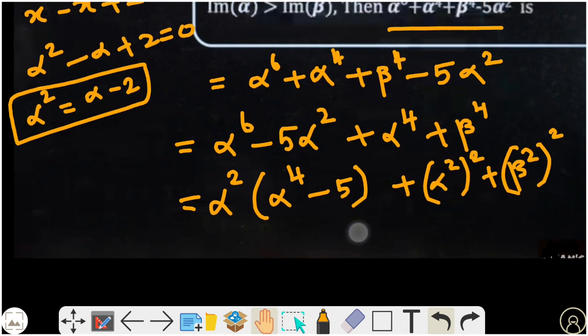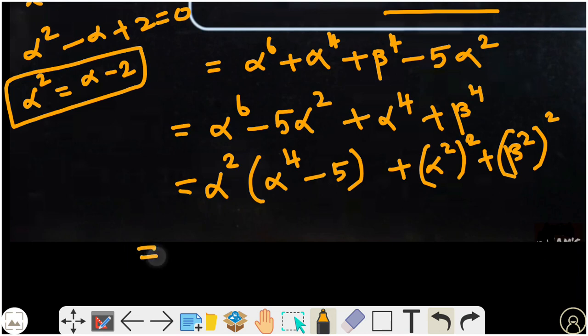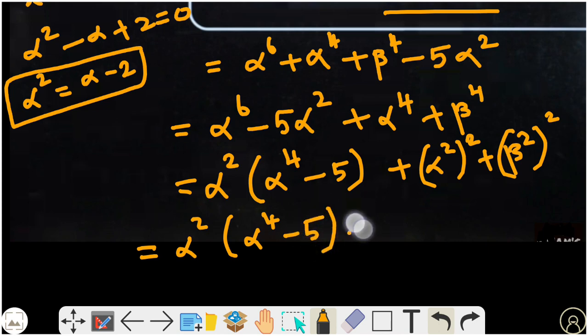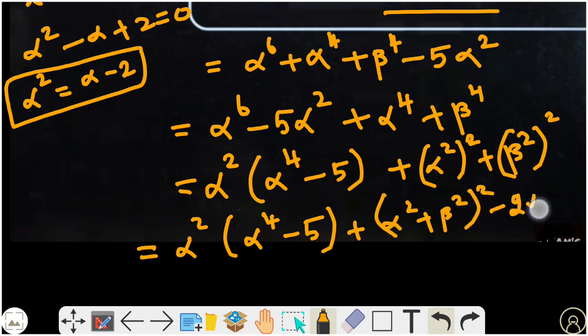Alpha square times alpha power 4 minus 5, still it is the same, and this part is replaced by, that is very easy, alpha square plus beta square the whole square minus 2 alpha square beta square. If you solve this term, you will get the previous term.